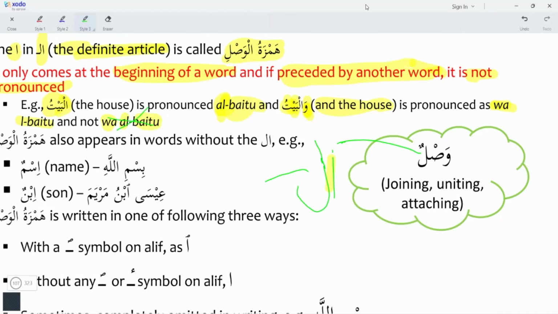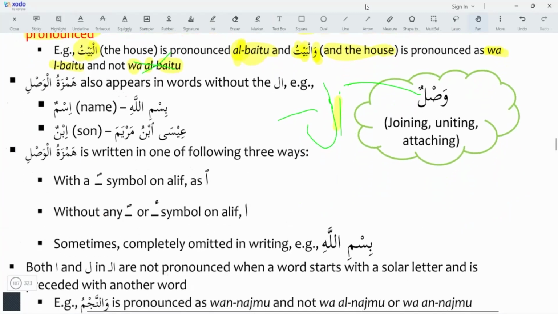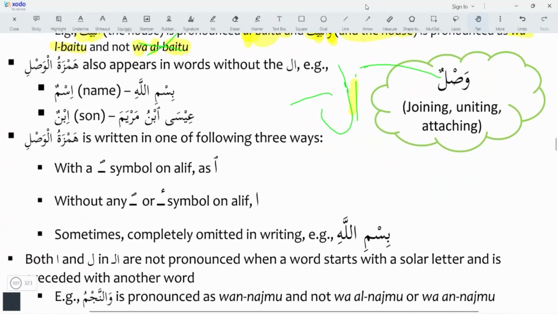This is incorrect. We cannot pronounce like this. We will pronounce wal baytu. Okay.